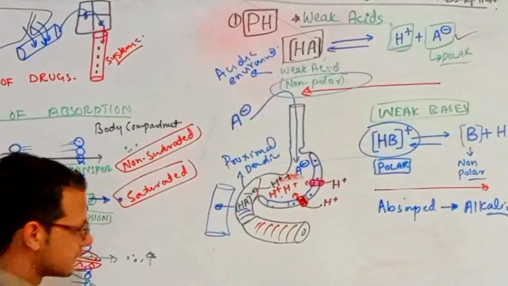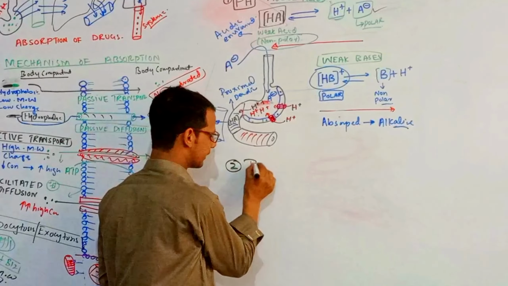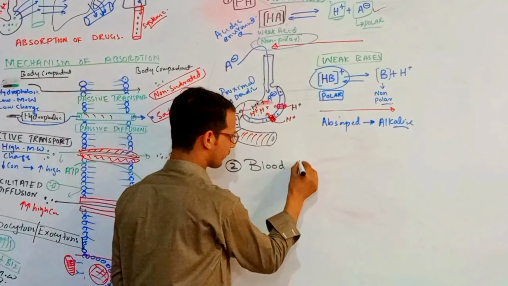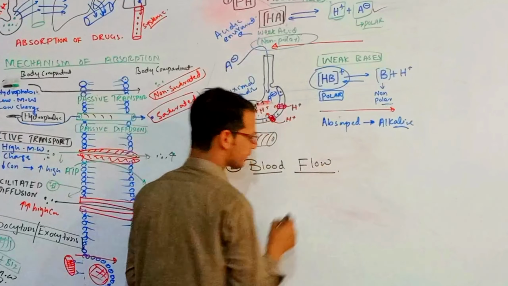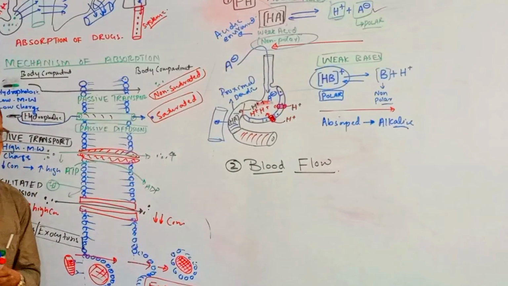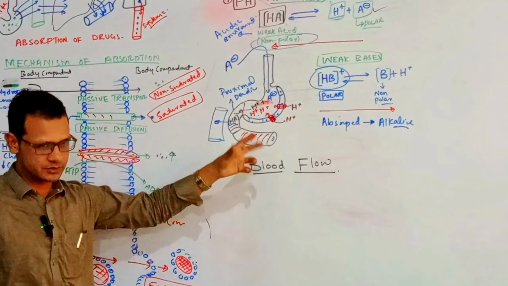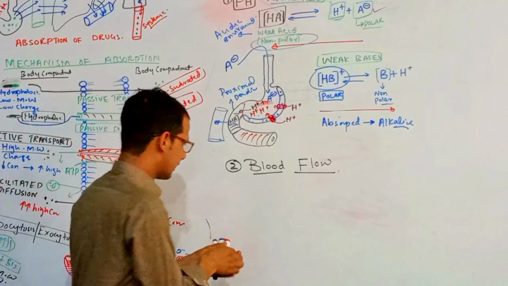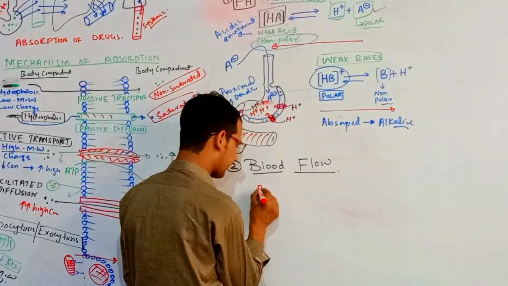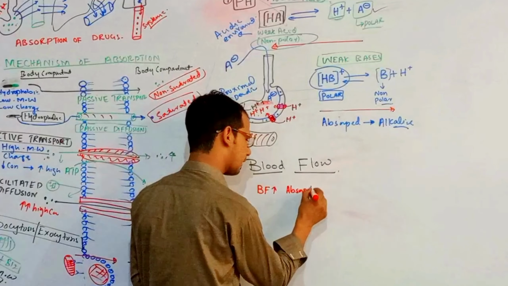The next factor is blood flow. If a tissue has high blood flow, the drug absorption into blood will be very high, right? For example, if blood flow is high, absorption of drug will be high.